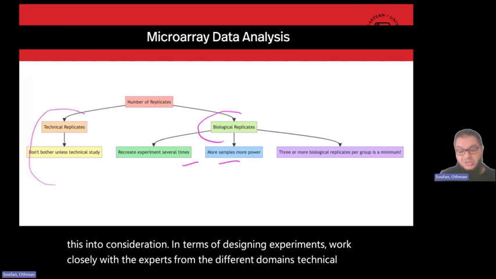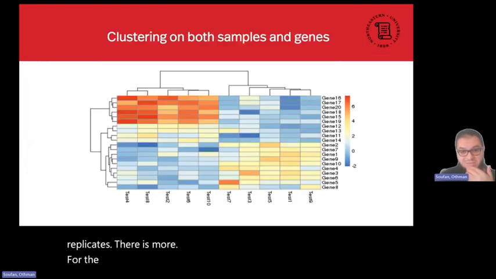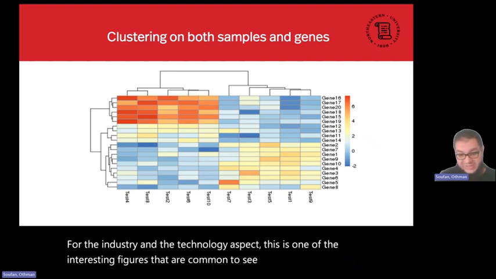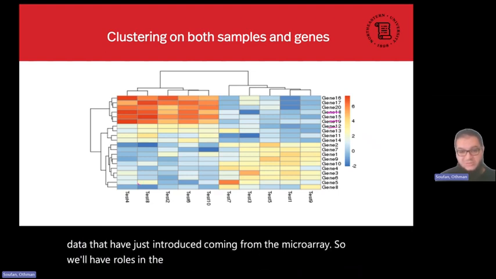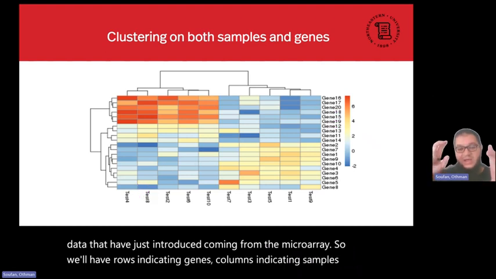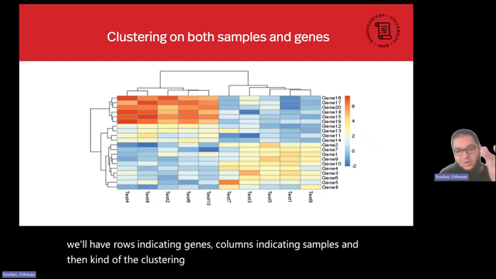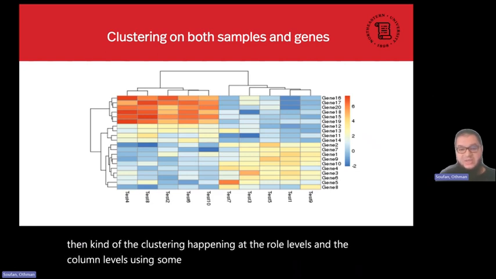Technical replicates, this is more for the industry and the technology aspect. This is one of the interesting figures that are common to see for the gene expression data that I've just introduced, coming from the microarray. So we'll have rows indicating genes, columns indicating samples, and the clustering happening at the row levels and the column levels. Using some distance metrics is going to indicate color intensities for us.